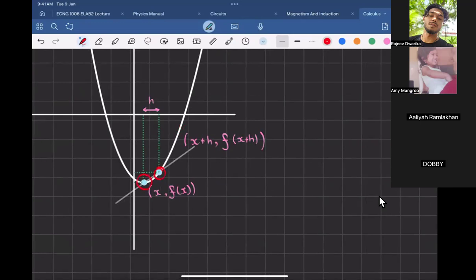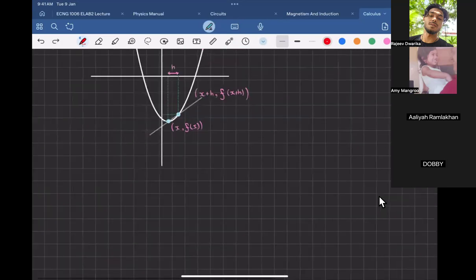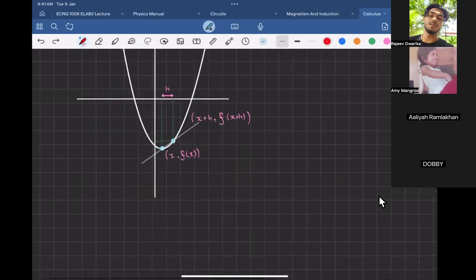So if we do that, what is happening to the distance between the 2 points? Tell me, Aliyah, what is happening to the distance between those two points? It's becoming less. Right, so it's approaching what? From limits. Try to figure it out.